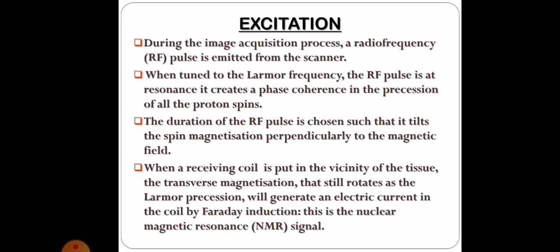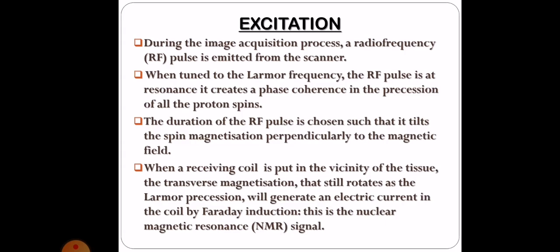What is resonance? A phenomenon that occurs when an object is exposed to an oscillating perturbation that has a frequency close to its own natural frequency of oscillation. This process is called resonance. The duration of the RF pulse is also chosen in such a way that it tilts the spin magnetization perpendicular to the magnetic field.